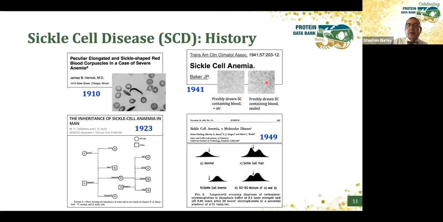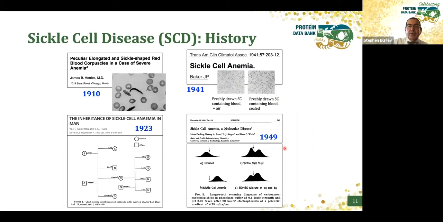The right-hand panel shows abnormally shaped red blood cells that come from blood that was freshly drawn from an individual with sickle cell disease and then sealed so that oxygen couldn't get in. So this is a reversible process.